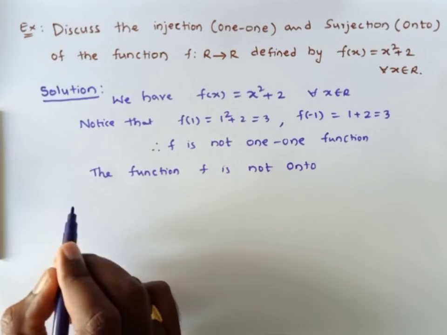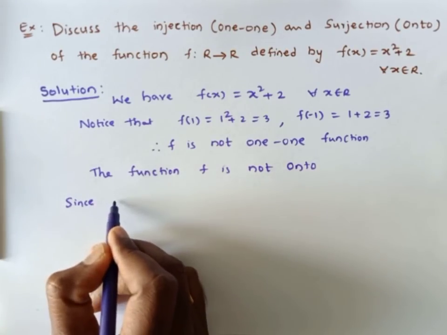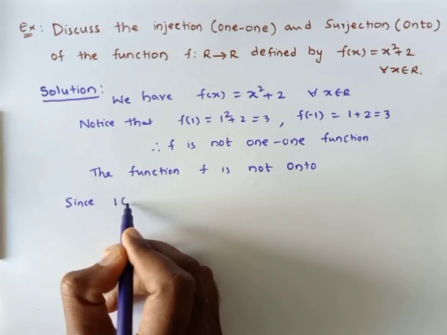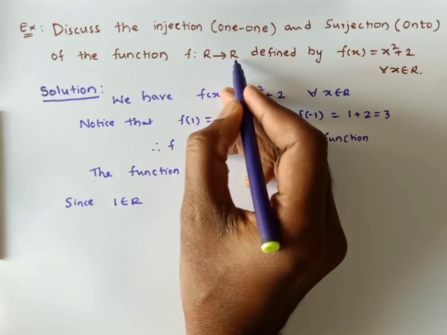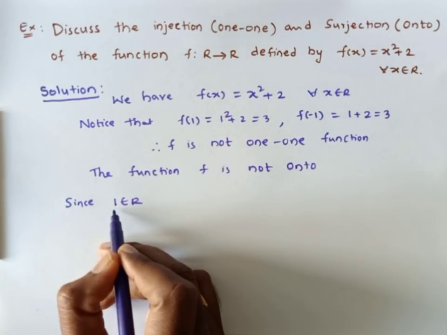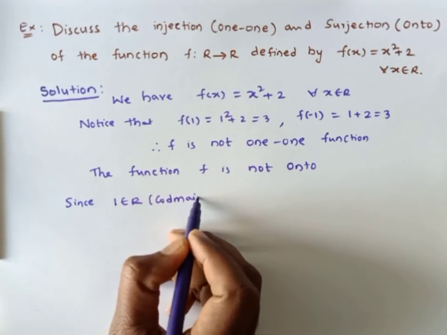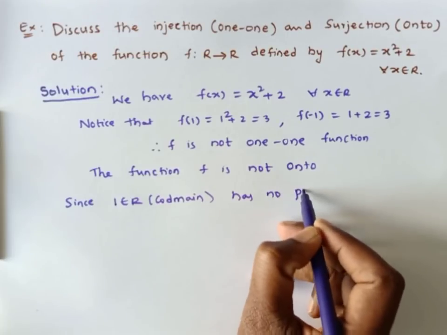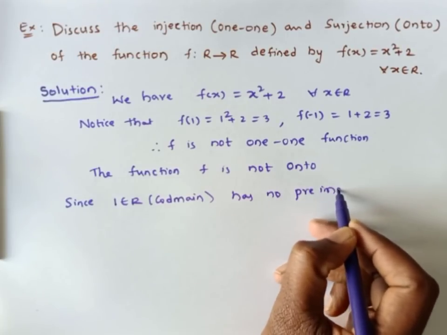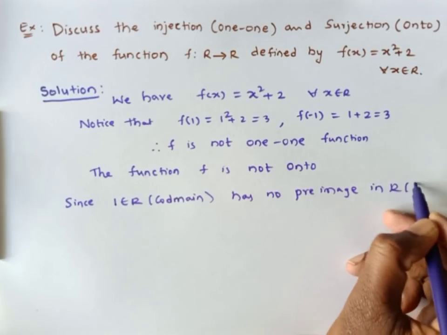Since the codomain contains 1, and the codomain is nothing but R, which contains all real numbers, therefore 1 compulsorily belongs to this codomain. So let 1 belong to the codomain set that has no pre-image in R, the domain.